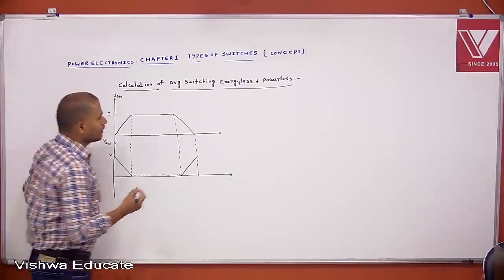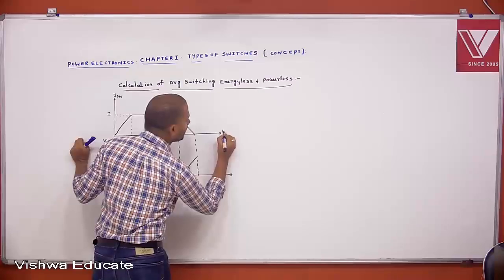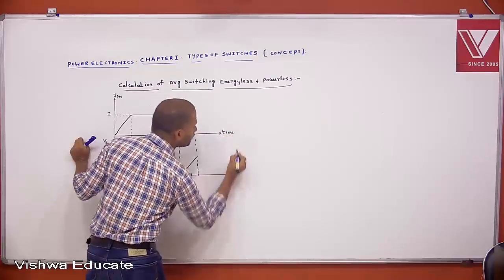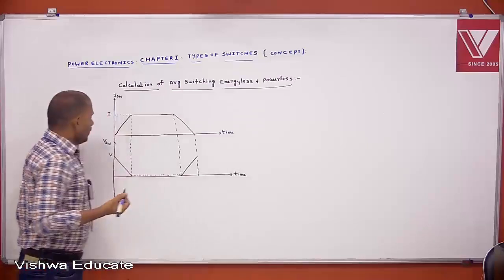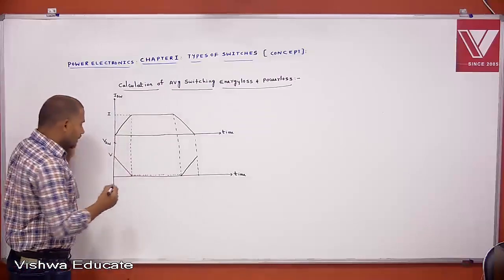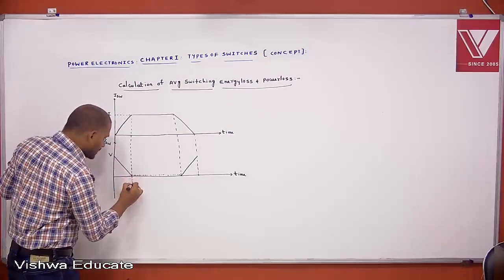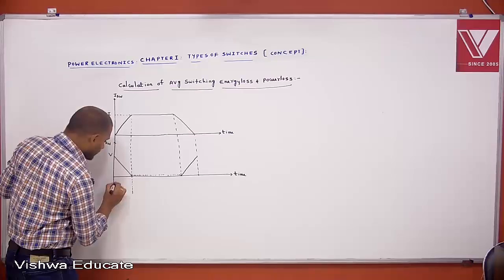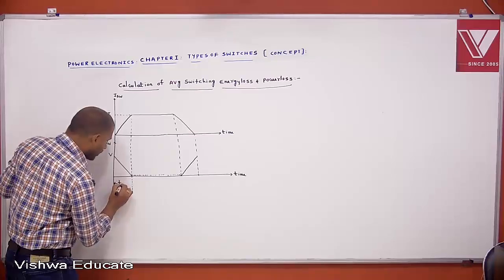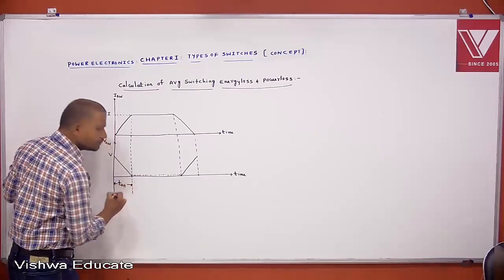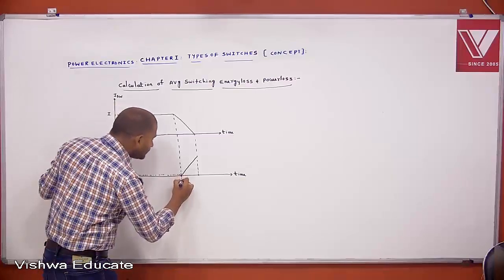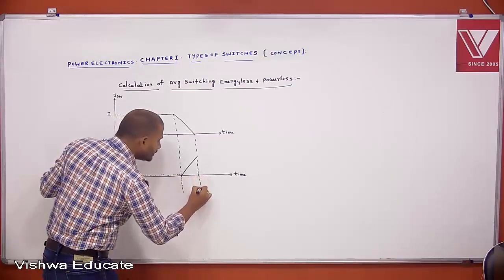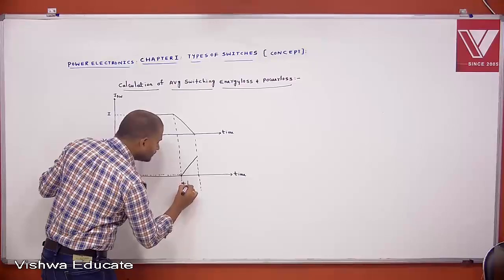Let this be the time axis, and this also time. This is the characteristics during T on condition, and these are the characteristics under T off.